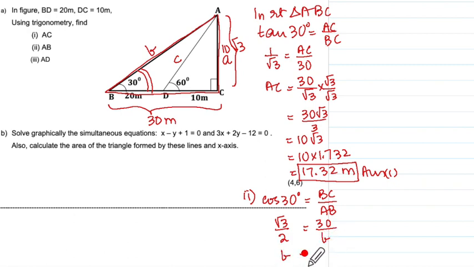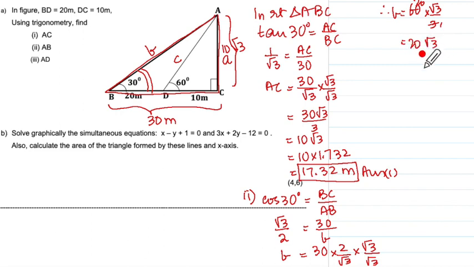So our B will be equal to 30 into 2 upon root 3. Again we will rationalize this. So that will give us B equal to 30 into 2 is 60 into root 3 upon 3, 3 ones, 3 20s. So you will have 20 root 3, which will be 20 into 1.732, which will be 2 into 17.32, which will be 34.64 meters. And this is our answer 2.